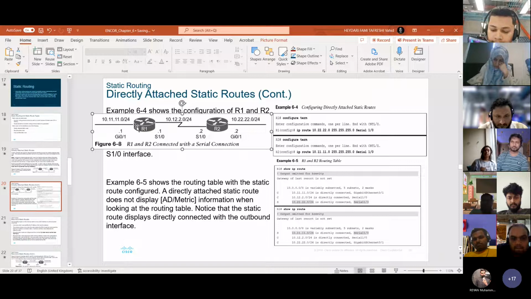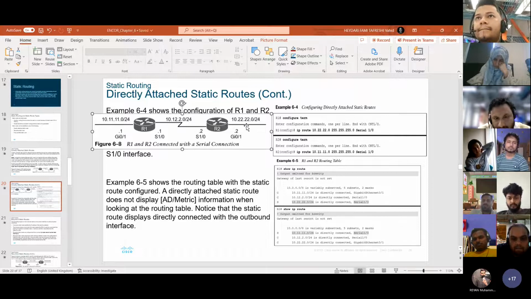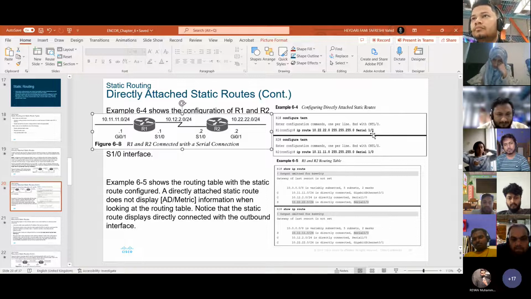So if I go to R1 and then I issue IP route 10.22.22.0, which is this network, and I only specify serial 1/0 as the next hop, or the outbound interface to get to the next hop, then I am talking in the context of directly attached static routes.